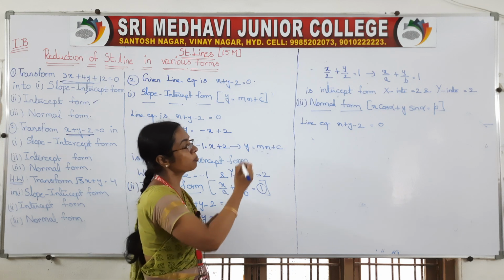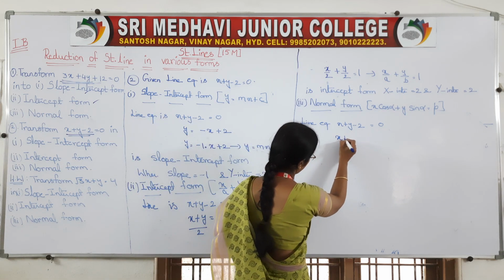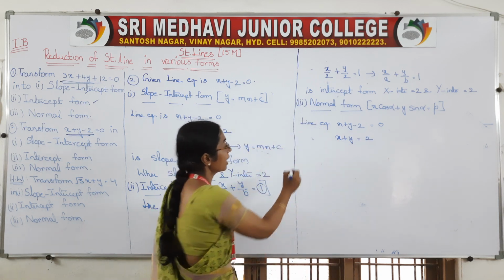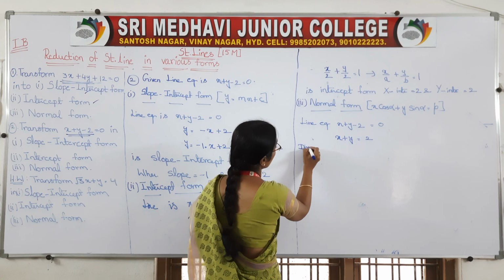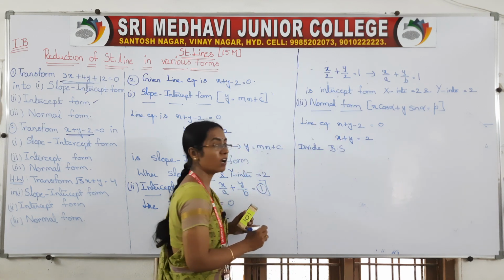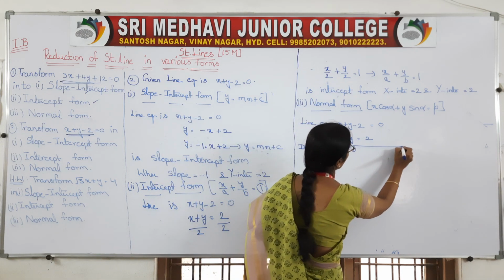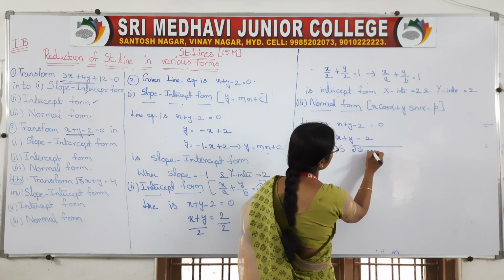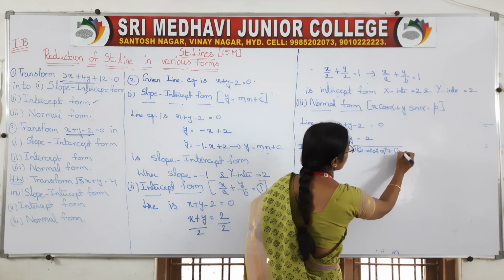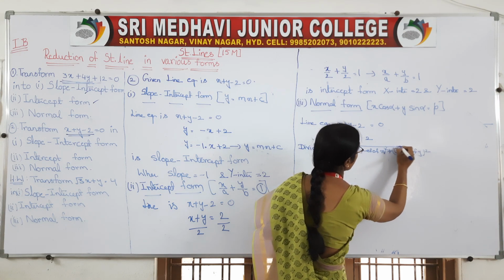What is the procedure? First send the constant to that side: x plus y is equal to 2. After that, the same procedure: for normal form you have to divide both sides by the root of the coefficient of x whole square plus the coefficient of y whole square.